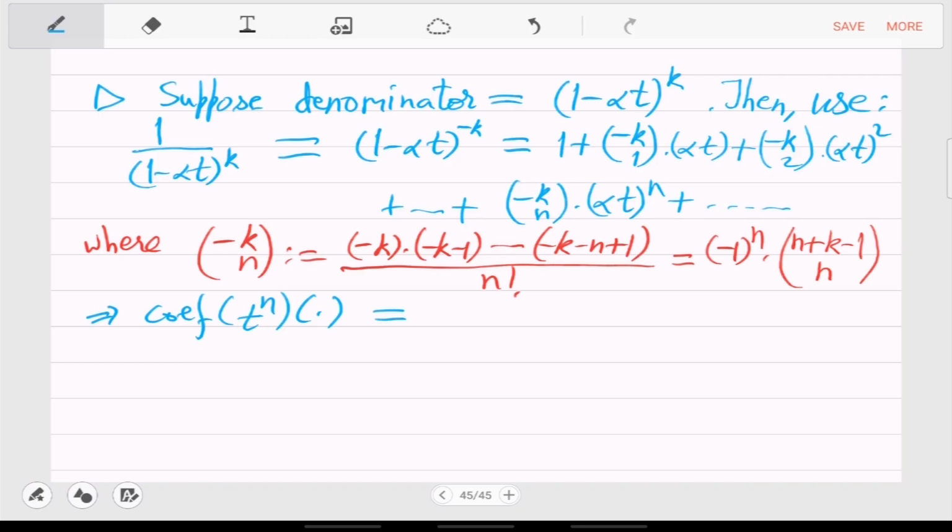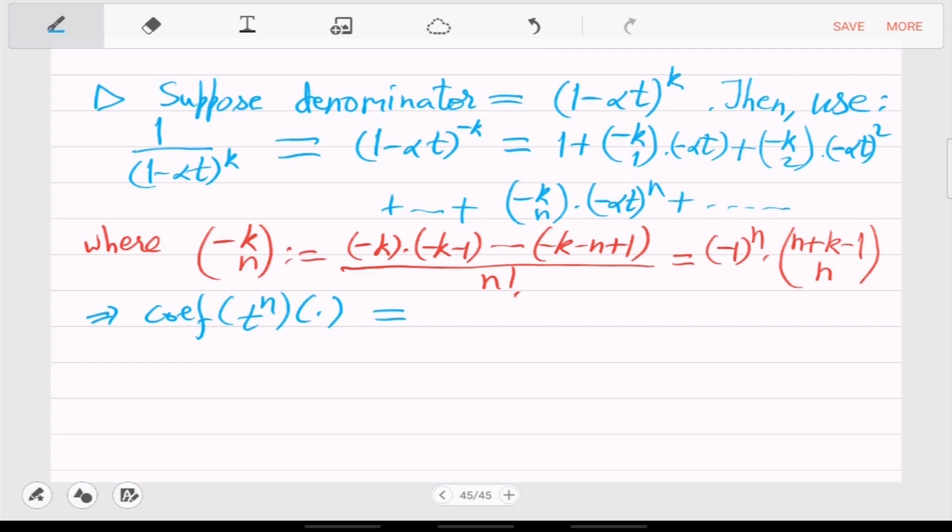Oh yeah, I was just expanding as a binomial series, so I should have put minus alpha t then. Yeah, so now the sign will be fine.